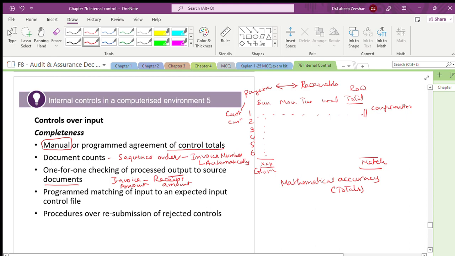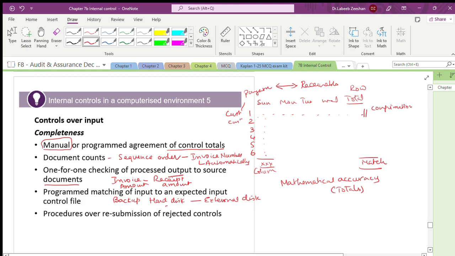Program matching of input and expected outputs. You will take the backup from your hard drive, from your hard disk, and you are going for an external disk. This is what the basic concept talks about.